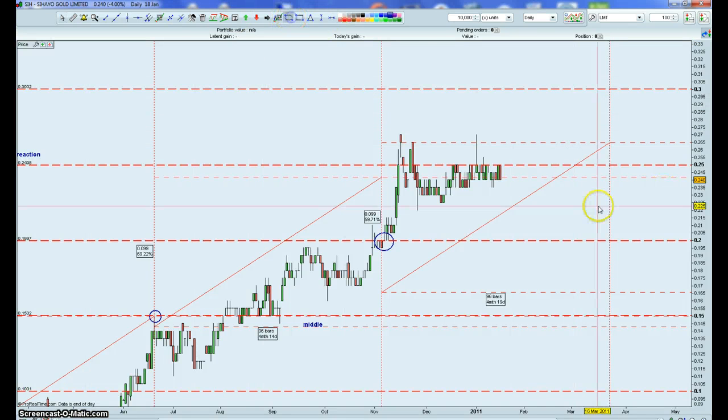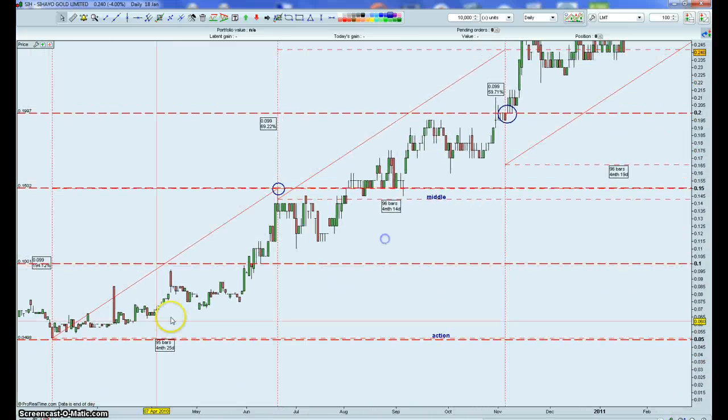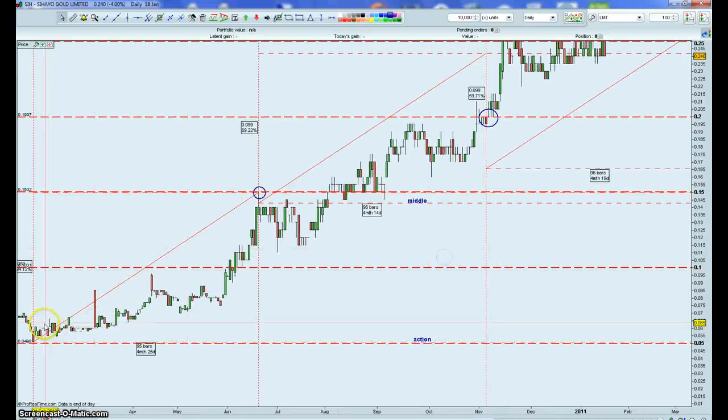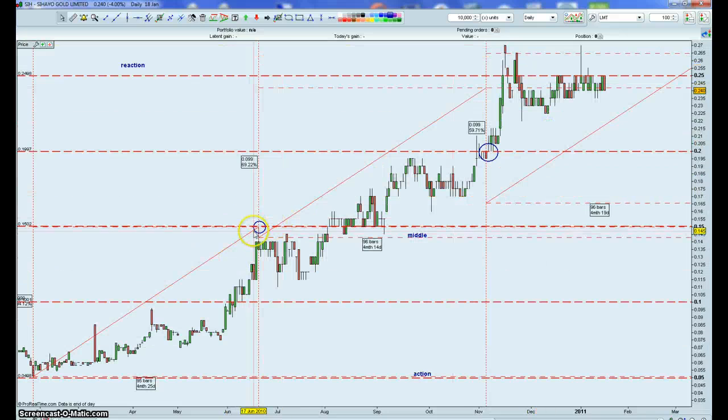Okay, so here we see that there has been a pattern that's repeated. We've got price reacting at these reaction lines, and we've also got them reacting not only at the action lines but at where the reaction lines cross on this time, these equidistant time periods.